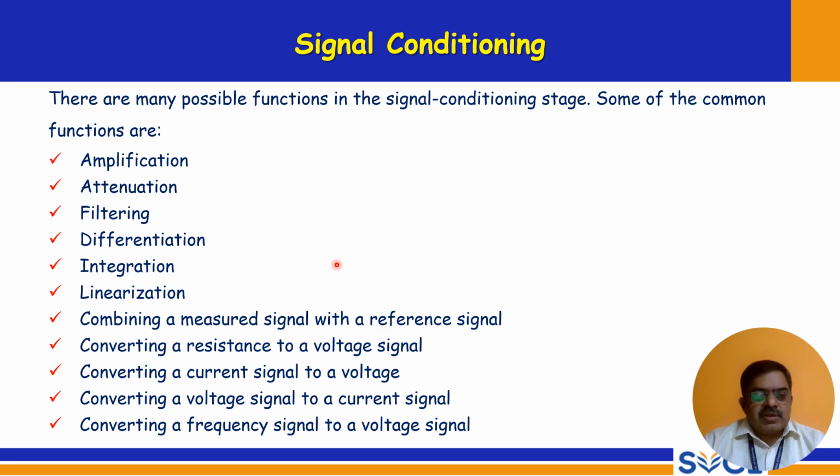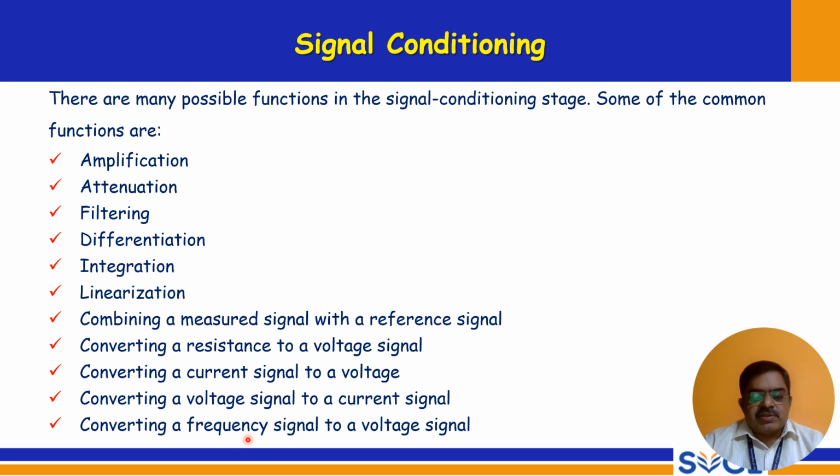There are many possible functions in the signal conditioning stage. Some of the common functions are amplification, attenuation, filtering, differentiation, integration, linearization, combining a measured signal with a reference signal, converting a resistance to a voltage signal, converting a current signal to a voltage signal, converting a voltage signal to a current signal, and converting a frequency signal to a voltage signal.